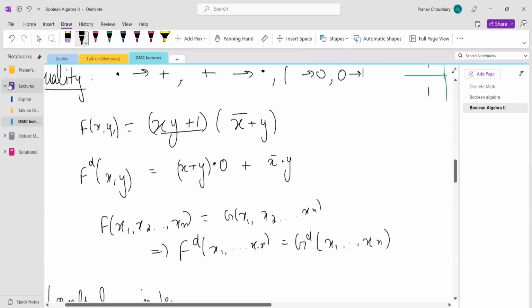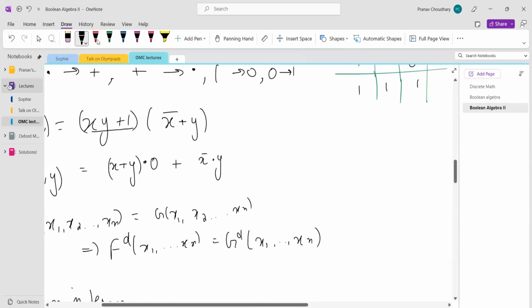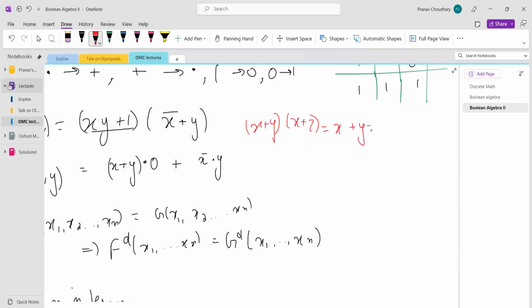This helps us prove some new identities. Like just before we saw x plus y times x plus z equals x plus yz, right? If we take dual on both sides, the dual of this becomes xy plus xz equals x times y plus z.